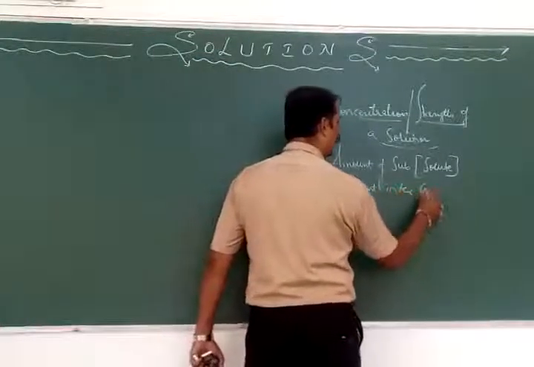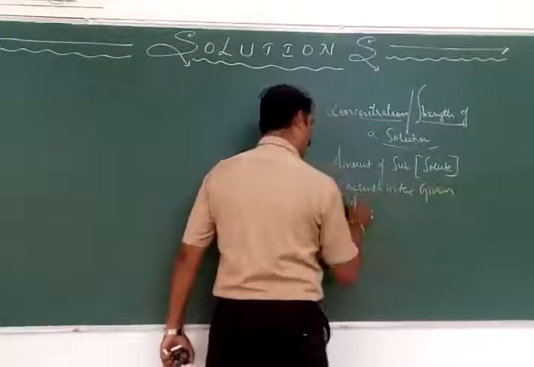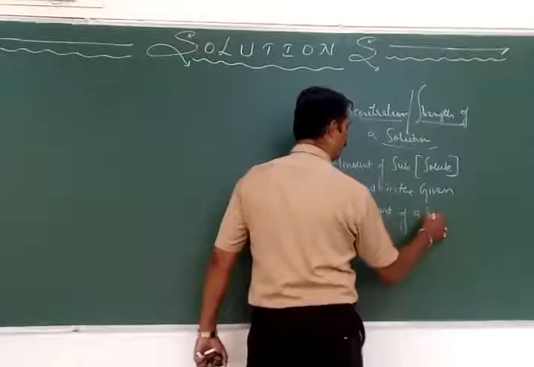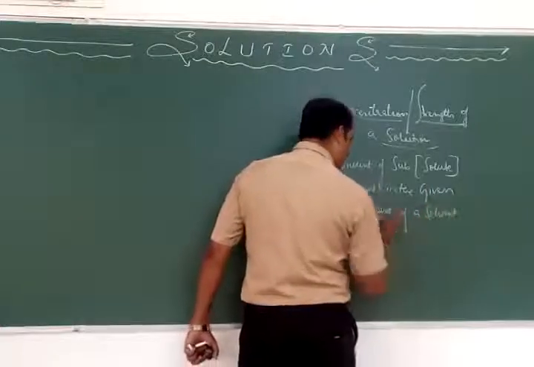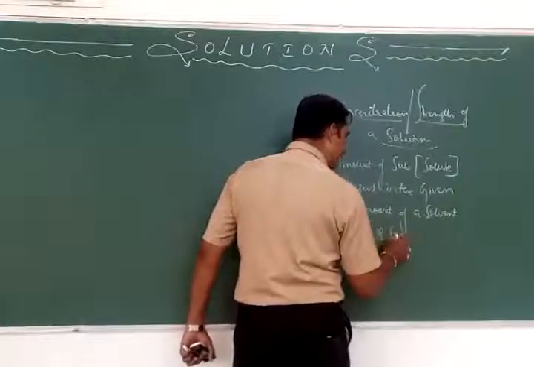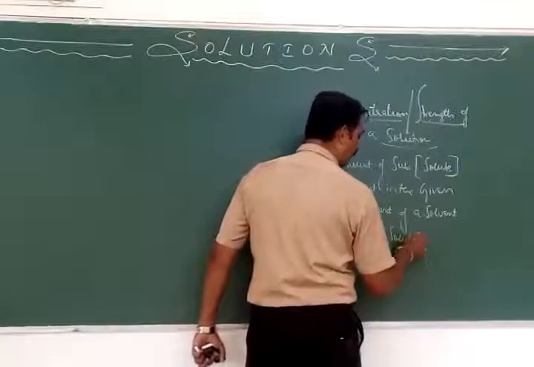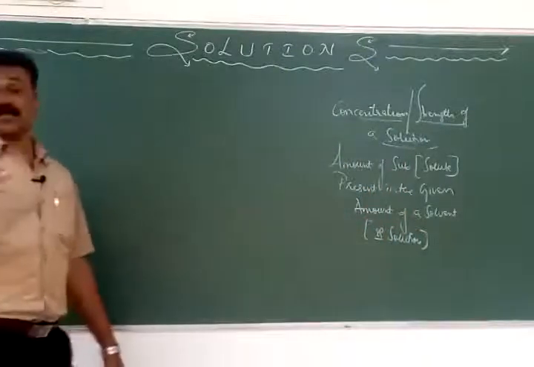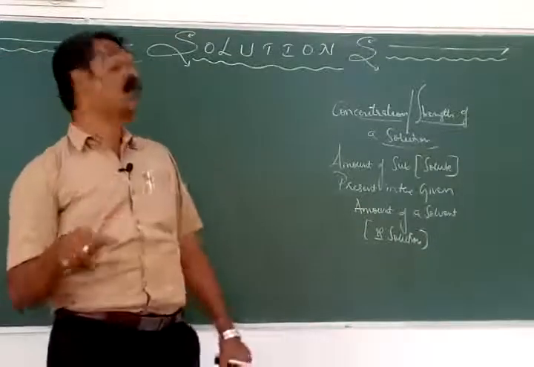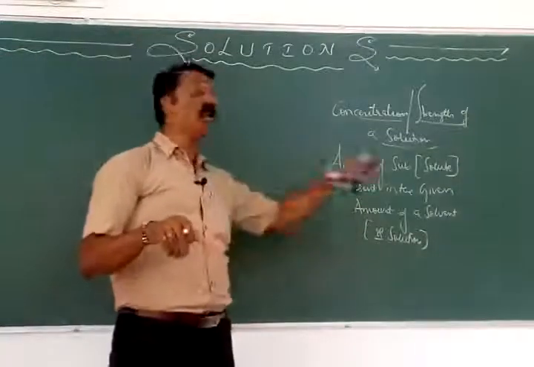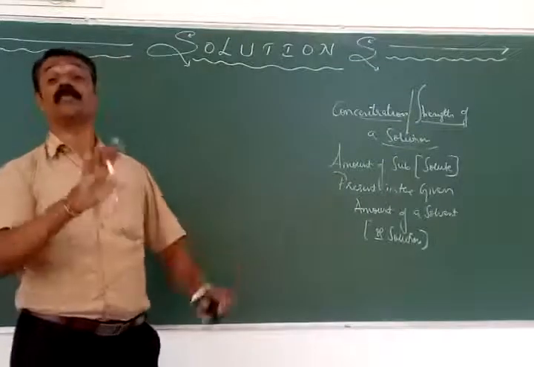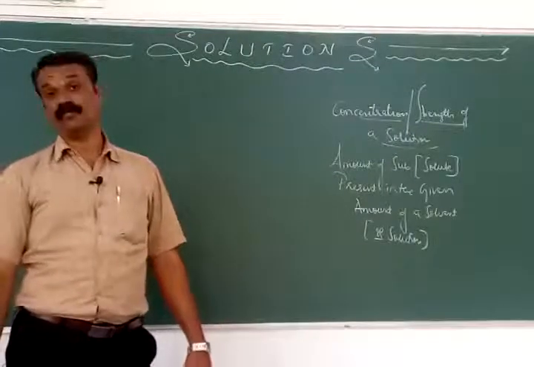the given amount of a solvent, or in some cases it may be the solution also. There may be a variation with respect to that. Either it is the amount of that particular substance or solute dissolved in the given amount of either the pure solvent, or sometimes the solution.